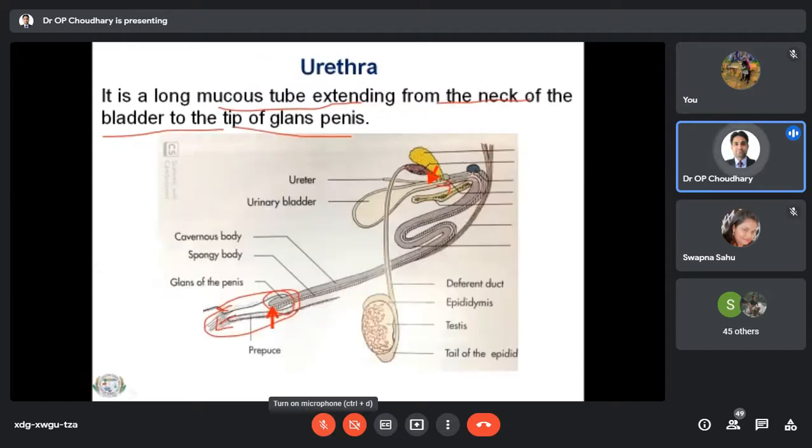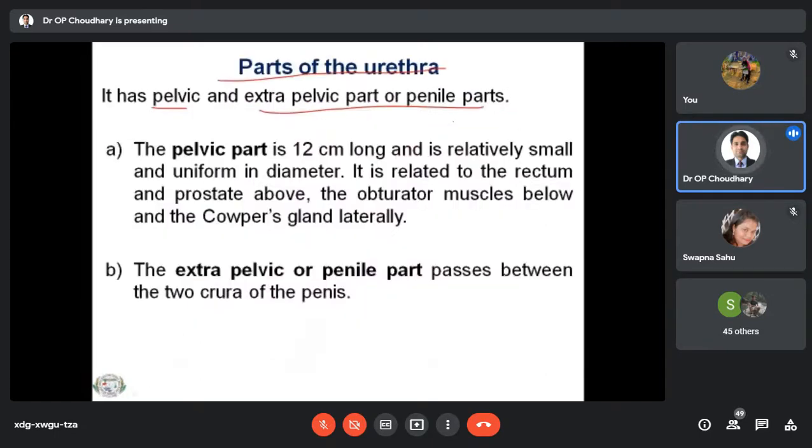You can see here, this part of the urethra is called the pelvic part. And the part of the urethra that is present inside the penis, between the two crura of the penis, is called the extra pelvic part or the penile part of the urethra.